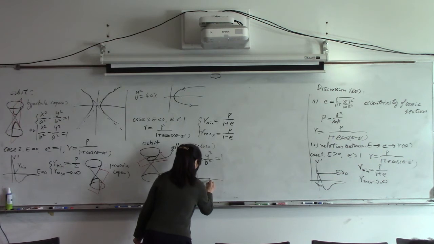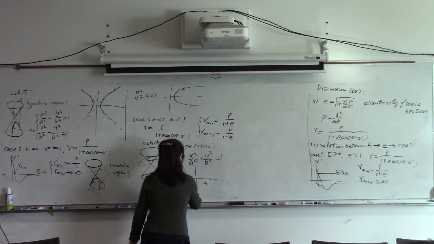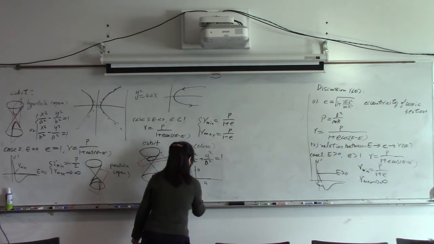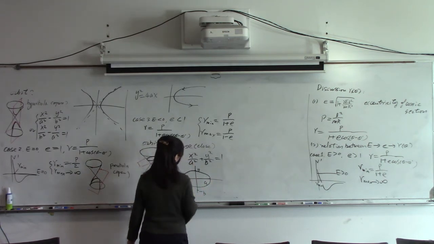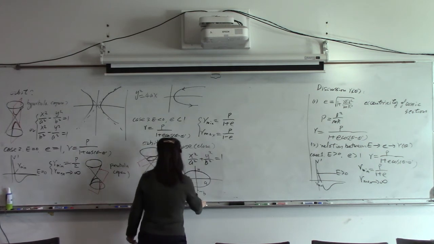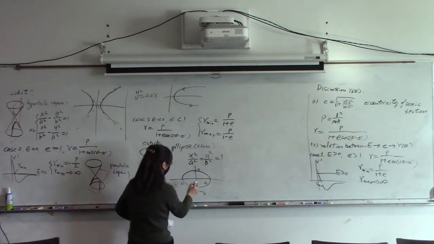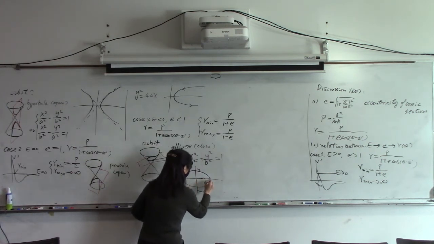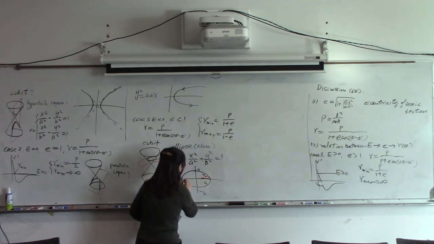This is A, and minus A, and minus B. You can see here this one is R minimum, and this one is R maximum.